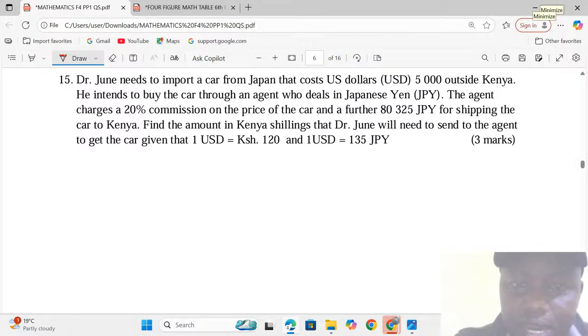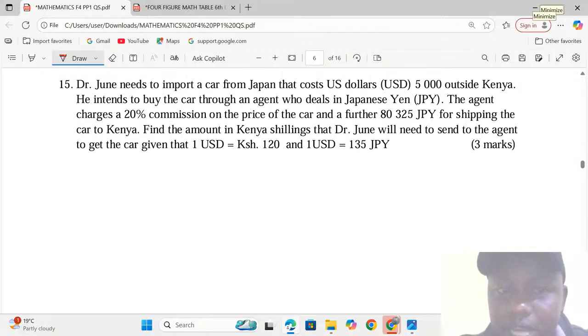135 Japanese yen. So first we're supposed to know that this agent will charge Dr. Jane 20% commission on the price of the car.